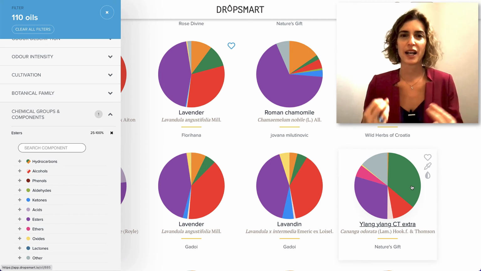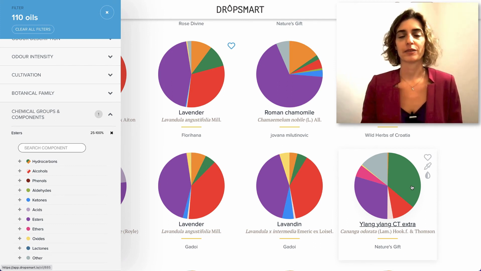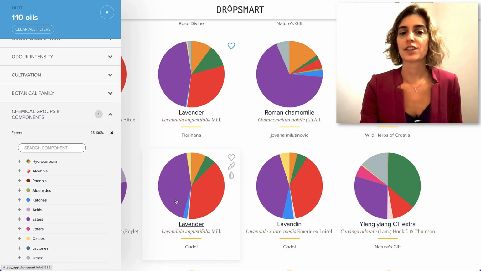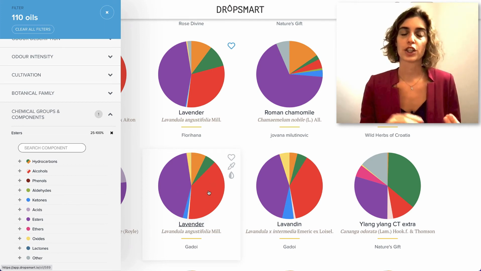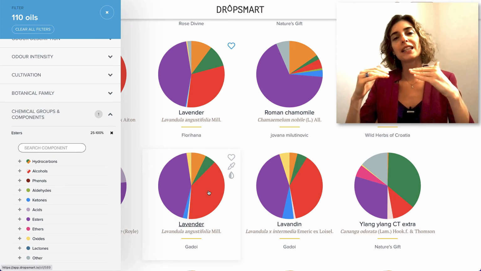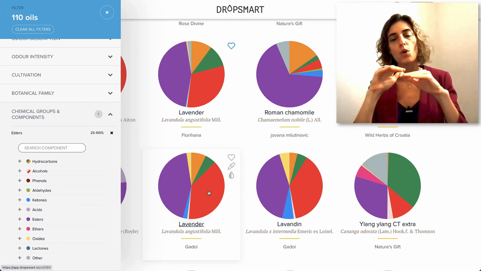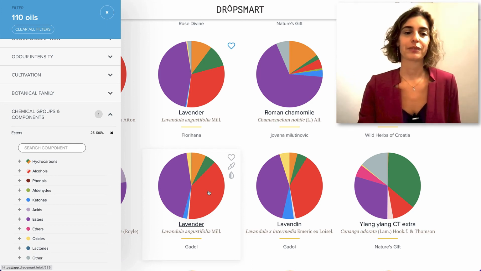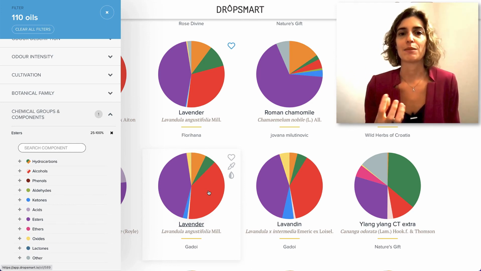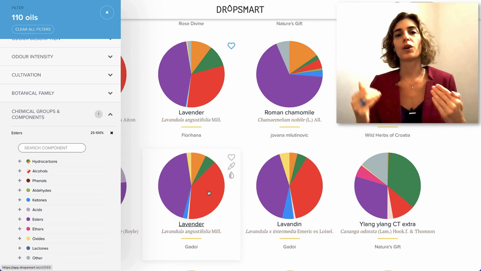Esters do have a pungent smell, whereas lavender is a combination of esters and monoterpene alcohols, so it's a bit higher, really a middle note. I hope this is helping you understand the beautiful dynamics within one oil itself.